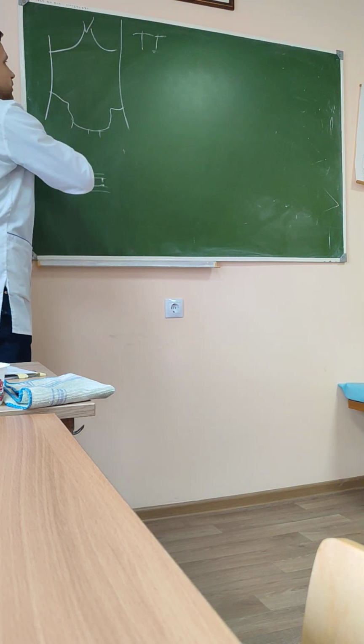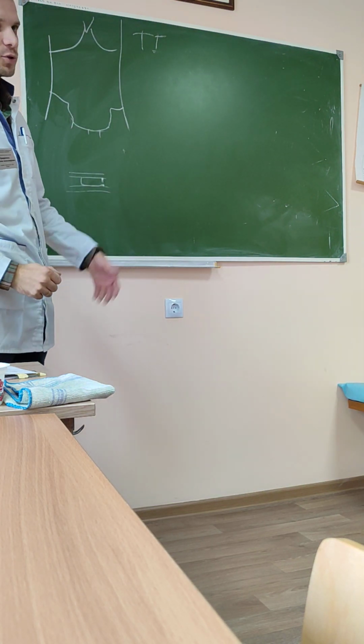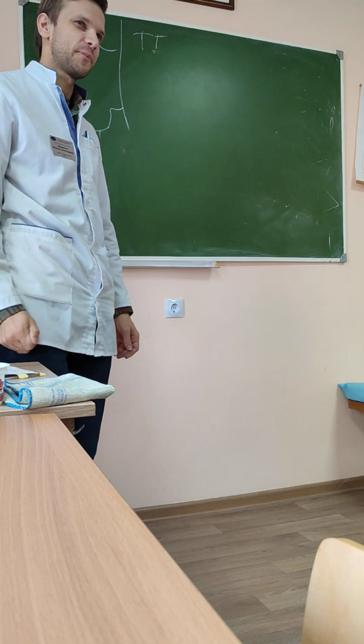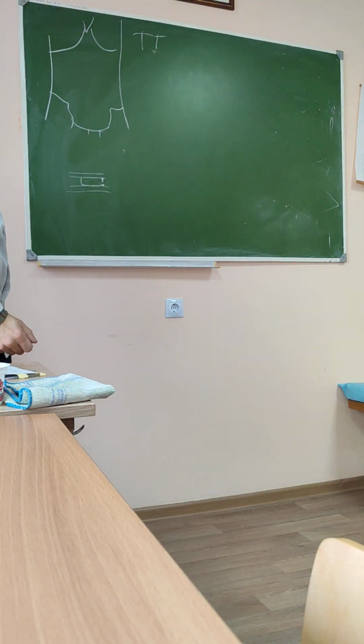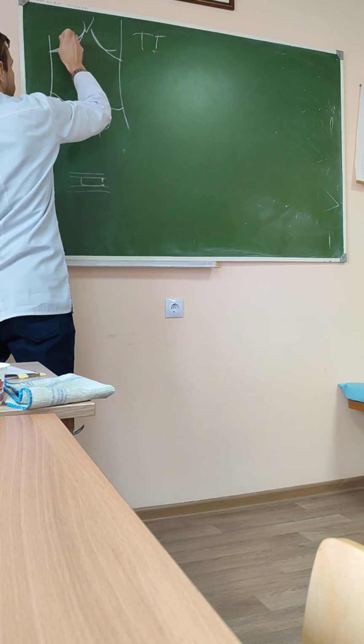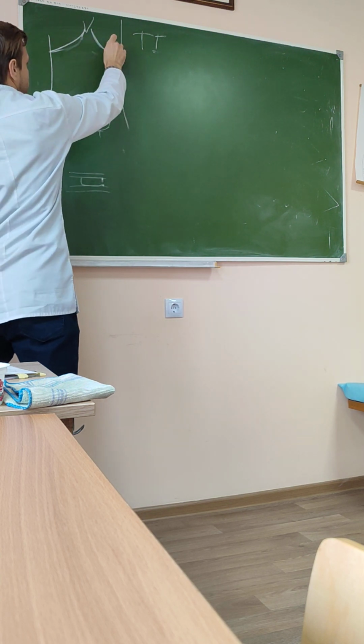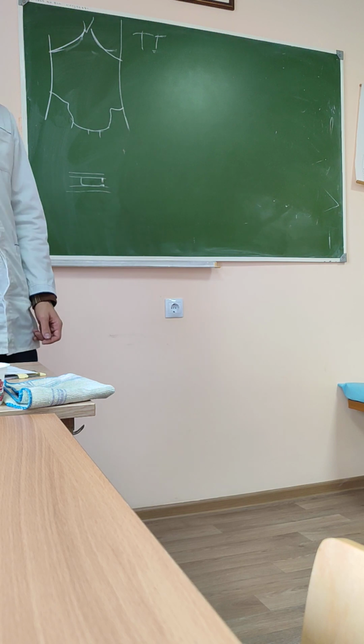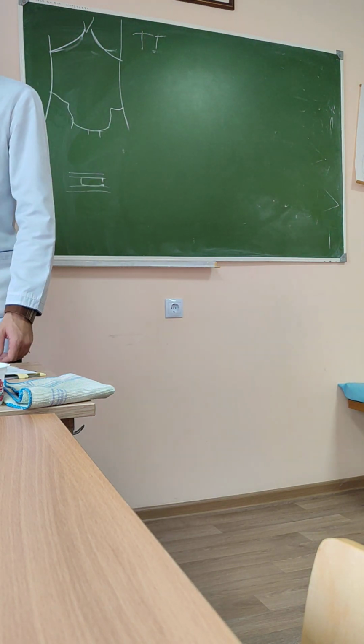So, how do we find the regions of the abdomen? Two horizontal lines. What are they? What is the level of the first, highest horizontal line?